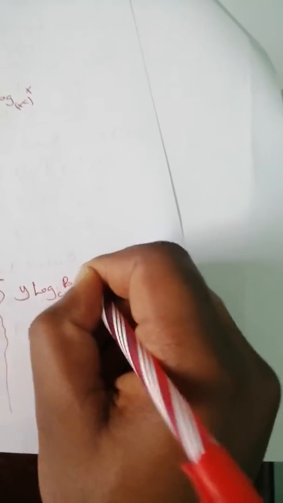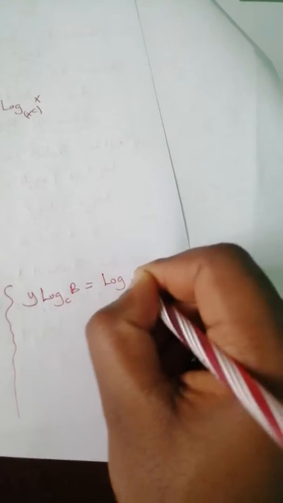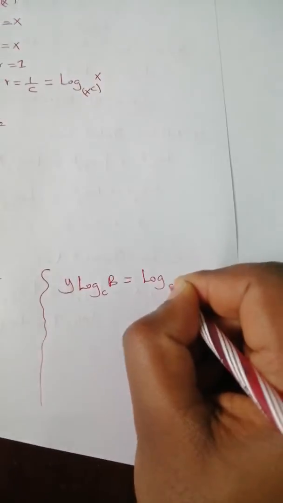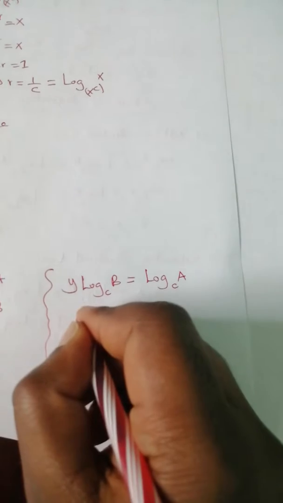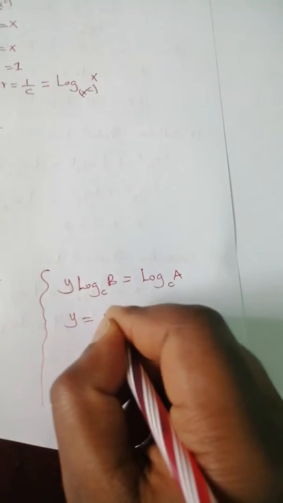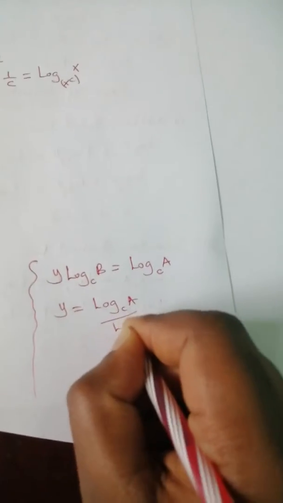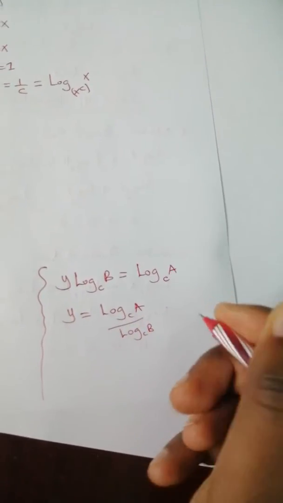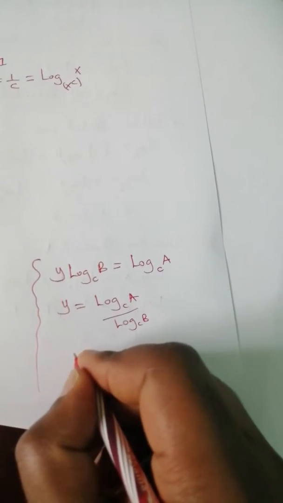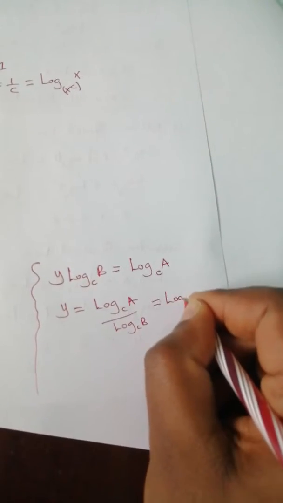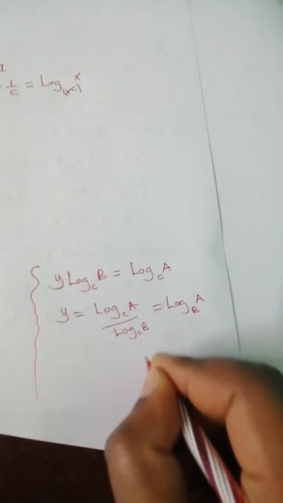We shall find that using the power law, y log b to base c is the same as log a to base c. So we make y the subject: y is equal to log a base c all over log b base c. And what is y? y was log a base b, hence the proof.